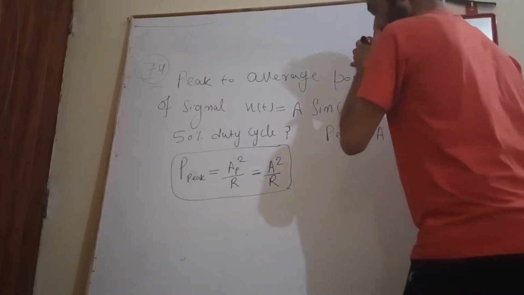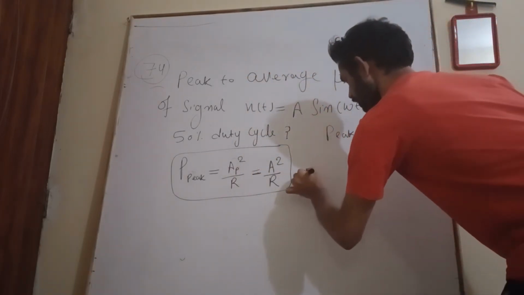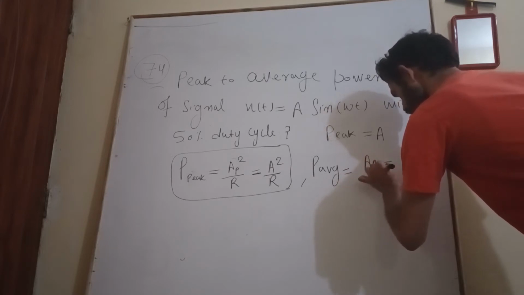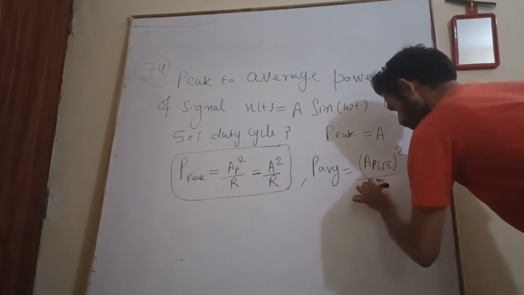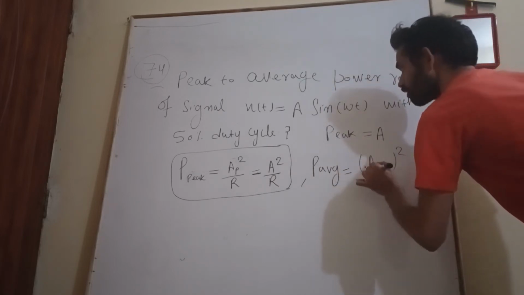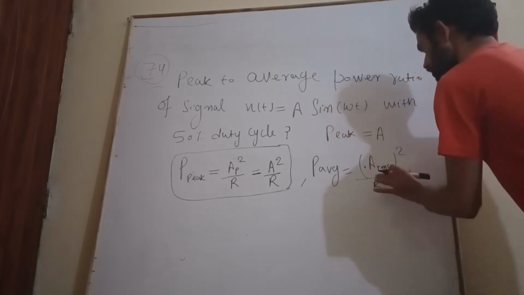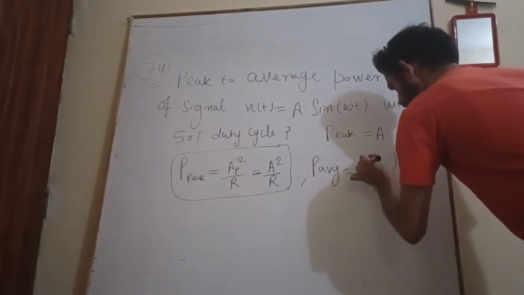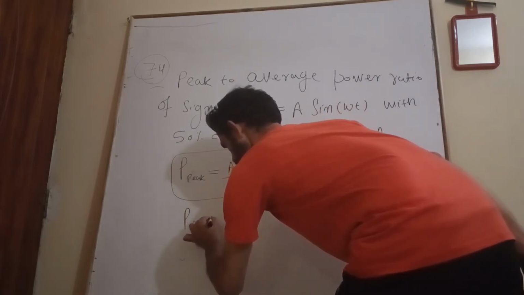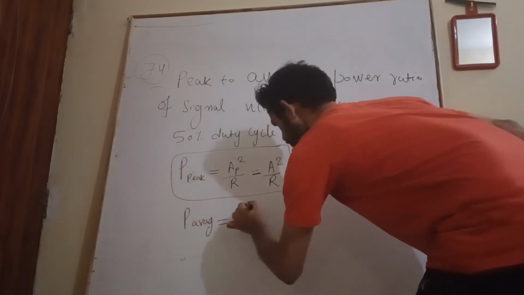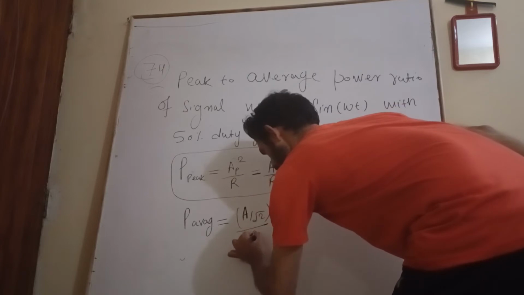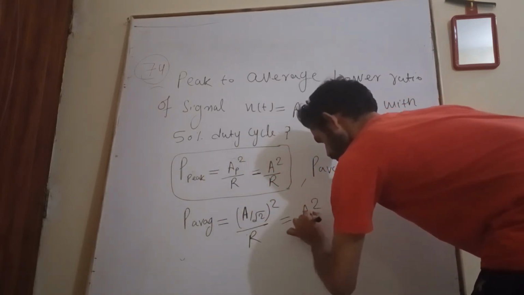And average power is nothing but the peak amplitude by root 2, whole square, divided by R. So this is the RMS value, P average is equal to X RMS squared over R. X RMS is A by root 2, so A by root 2 whole square divided by R, which is nothing but A square by 2R.